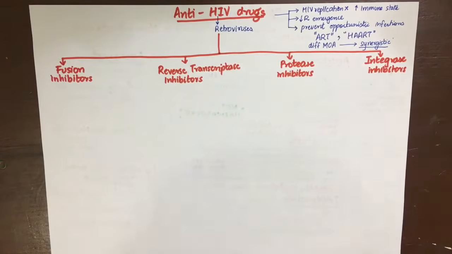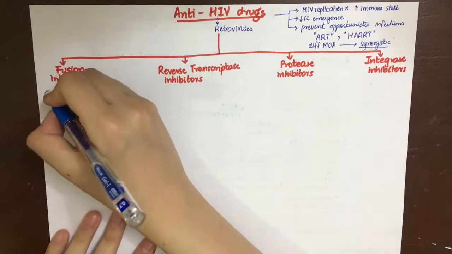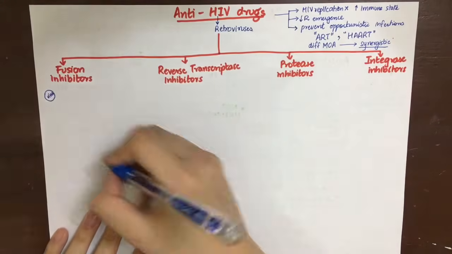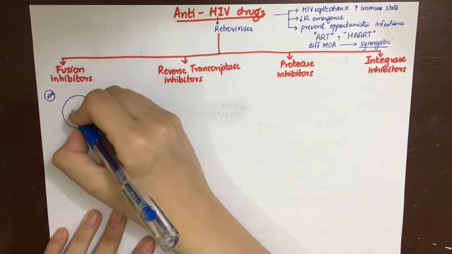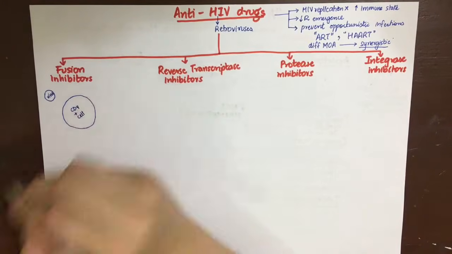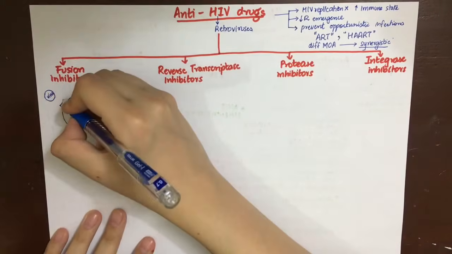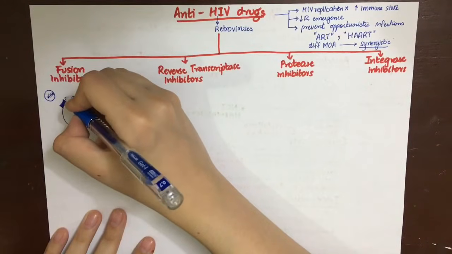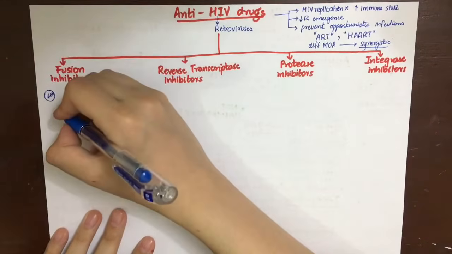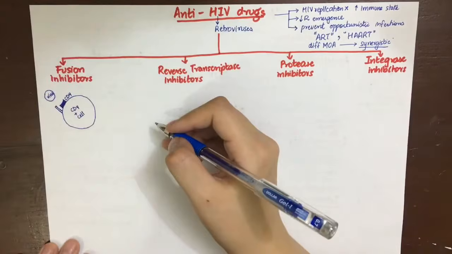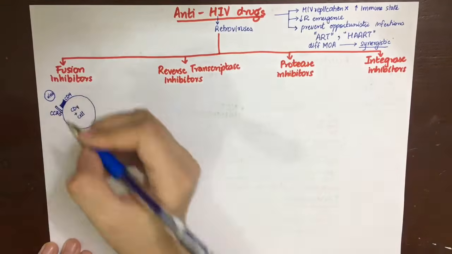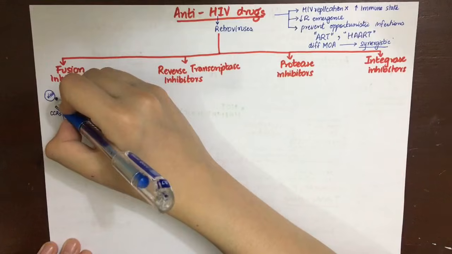As we discussed in the beginning, in order for a virus to enter the host cell, the glycoproteins on the surface of the virus need to interact with the cell surface receptors of the host cell. And in the case of HIV, this host cell is a CD4 positive cell that can be a T helper cell or any antigen presenting cell actually.